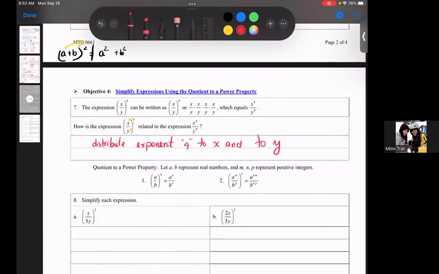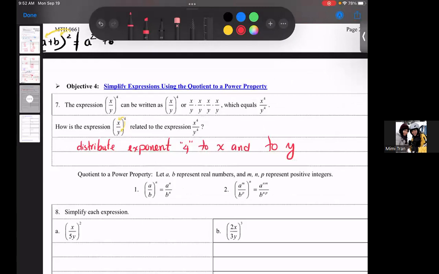The reason is simple. If you doubt yourself, you write it out the way you understand it. X to the 4 is what? If I tell you x squared, that's x times x, right? If x cubed is x times x times x.